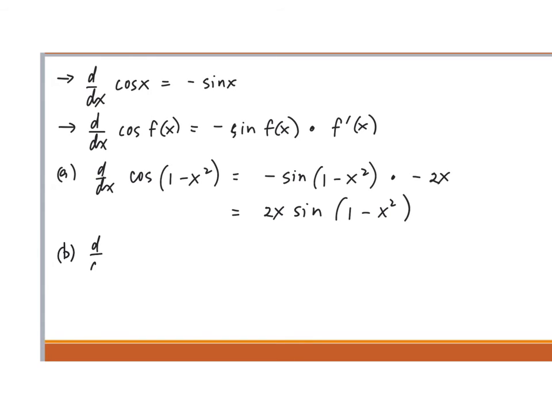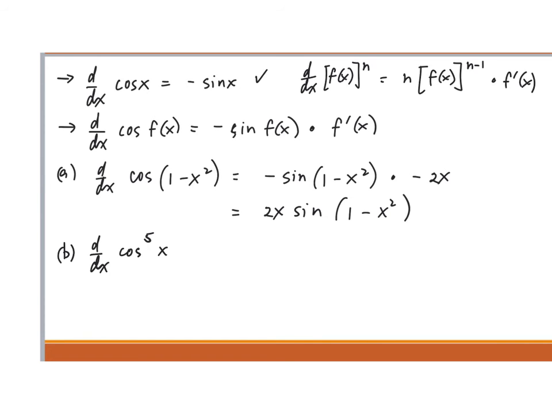But if we have d dx of cosine, say, cosine to the 5th of x, again, we need a combination of this rule and the power rule, the chain rule for powers, which is f of x to the n equals n f of x to the n minus 1 times f prime of x.